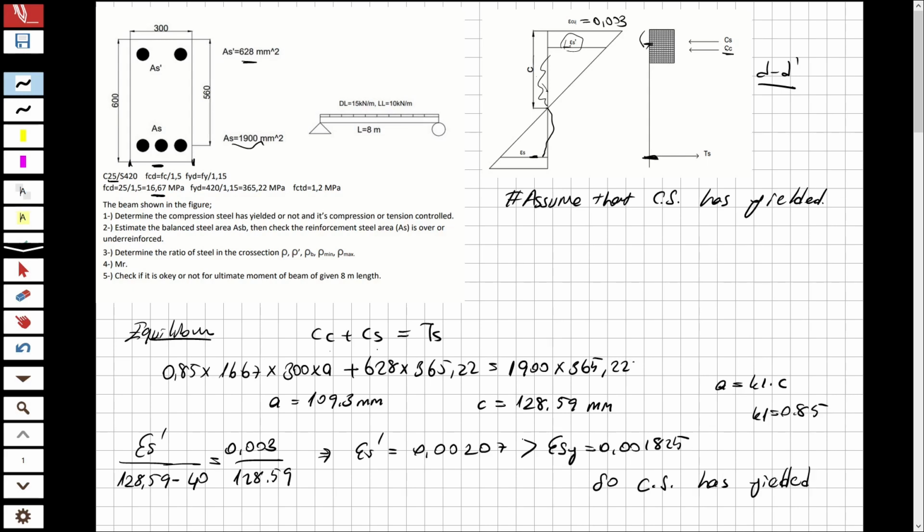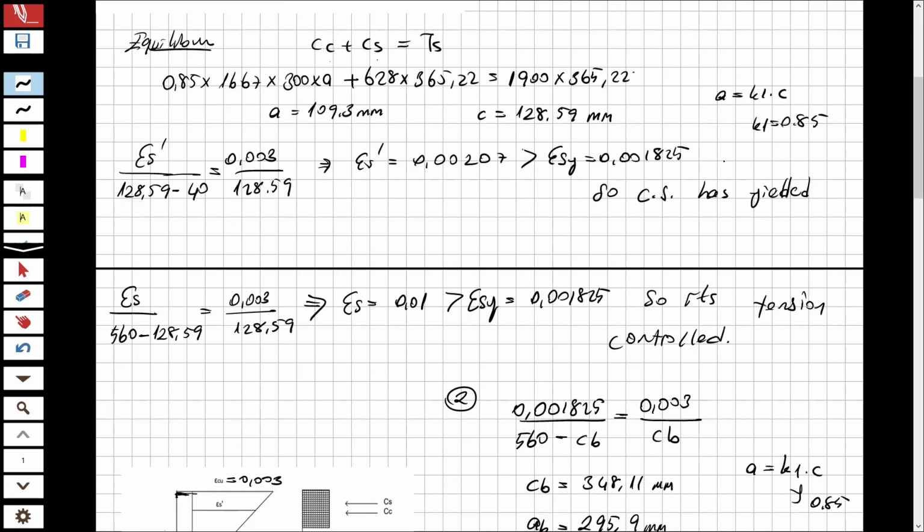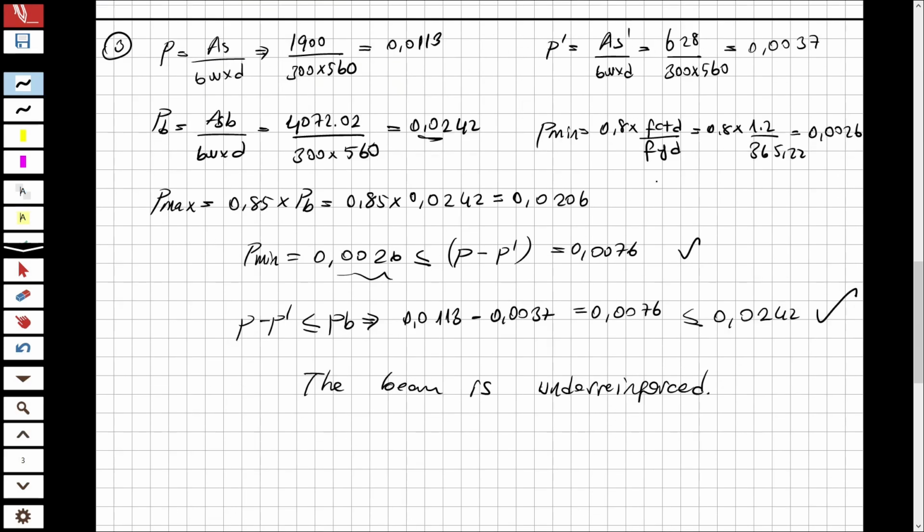For compression concrete, we are going to take half of this length because it acts at the midpoint of the effective concrete depth. So it's going to be d minus a over 2. The length comes from there actually.